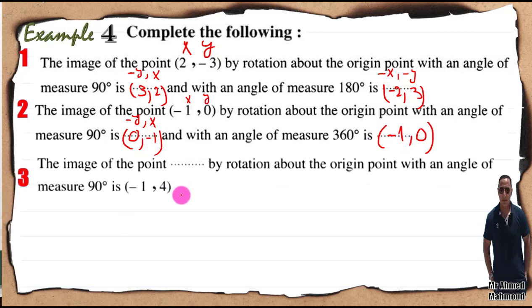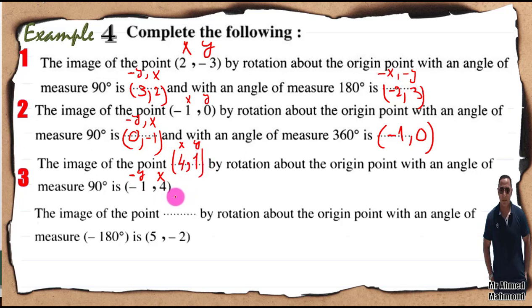Now number 3, the image of the point what by rotation about the origin with an angle 90 degrees is negative 1 and 4. This means that this is negative y and this is x. If I need to make it x and y, so x here is 4 and negative y equals negative 1, so y equals 1, so it is 4 and 1.